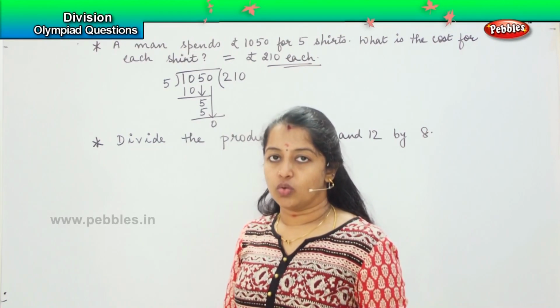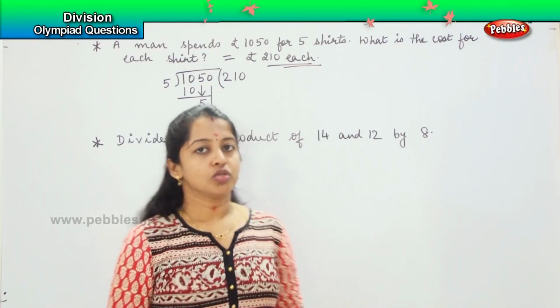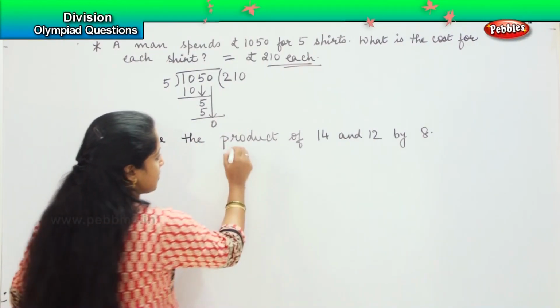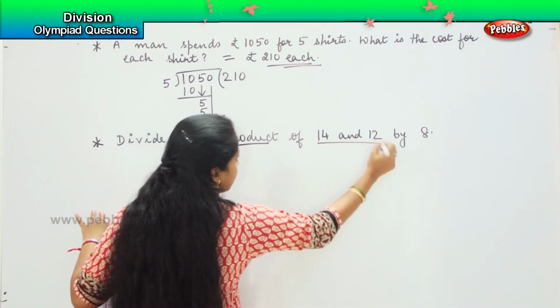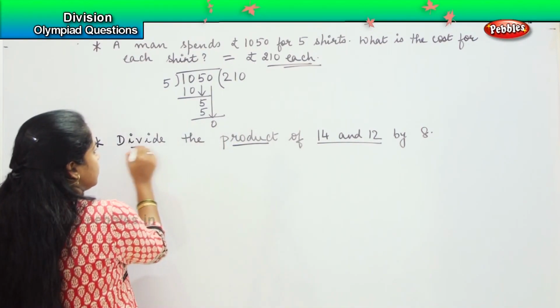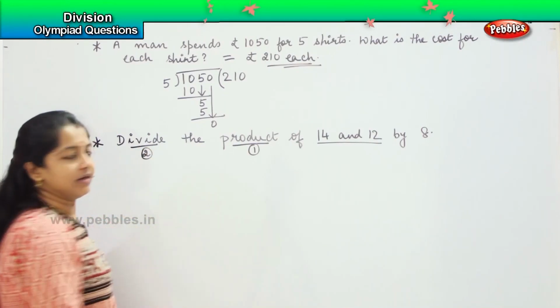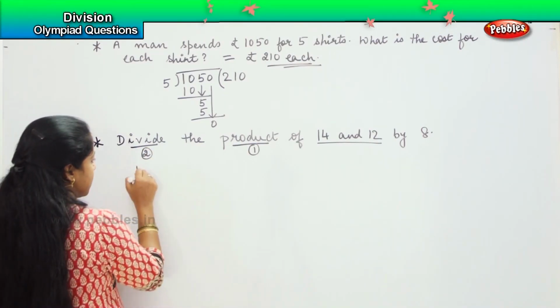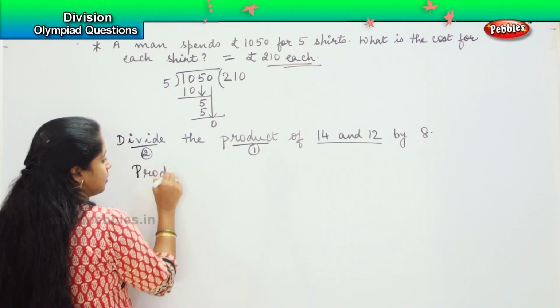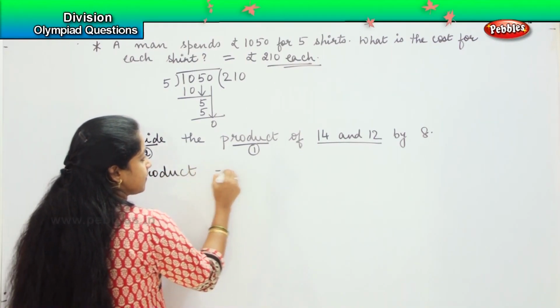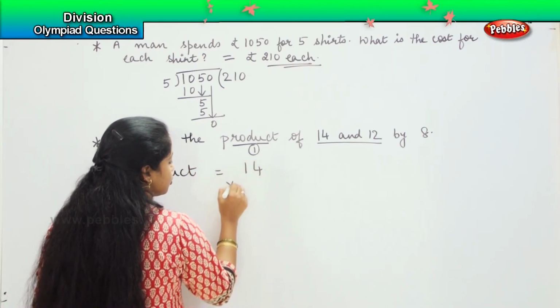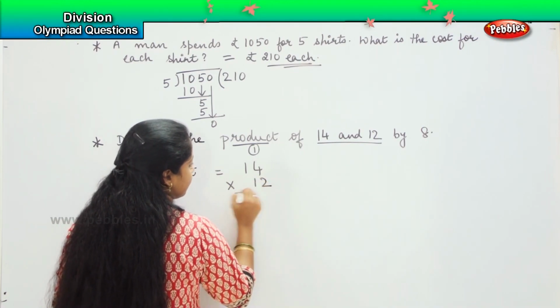Okay. So here we have to do 2 solutions. First they are asking me to find the product of 14 and 12, and then I have to do the division. So first I will multiply and second I will divide. The first one is the product. So the product is 14 into 12.